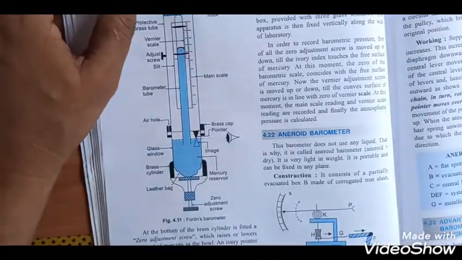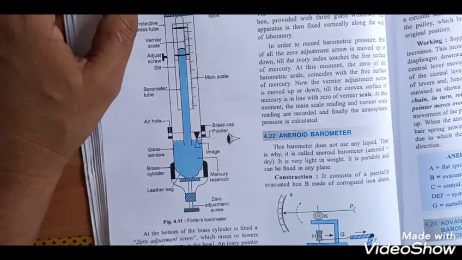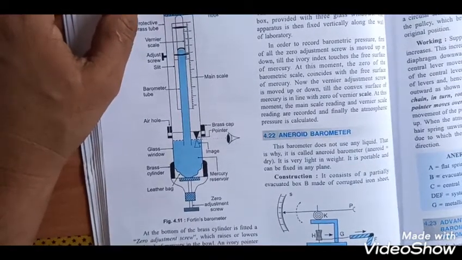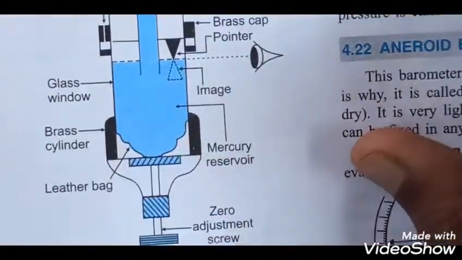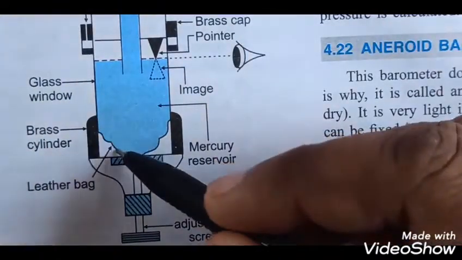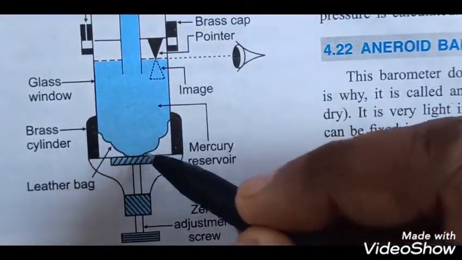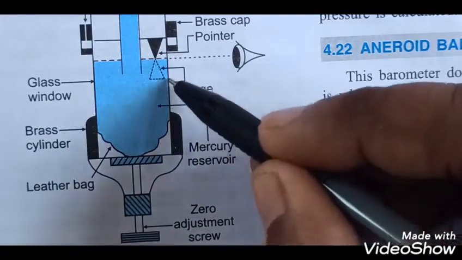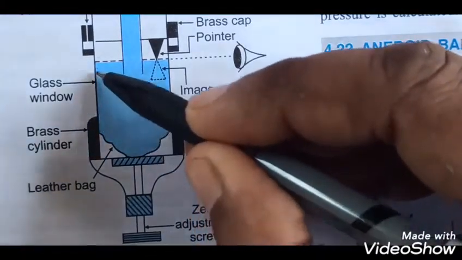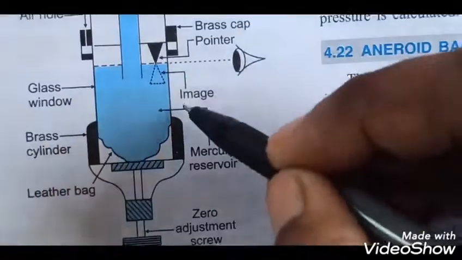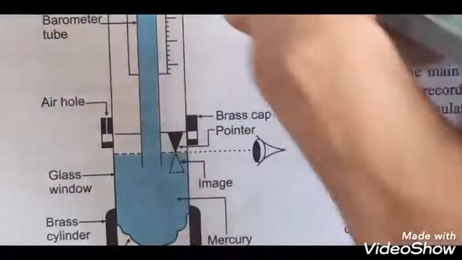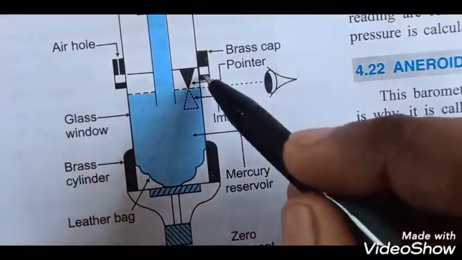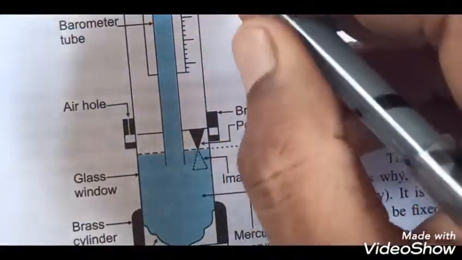This part, you see clearly. This part is made up of leather. The bottom of the vessel is made up of leather, and then brass is there. A very long brass cylinder goes up to here, and certain holes are here, and in the middle one slit is cut.